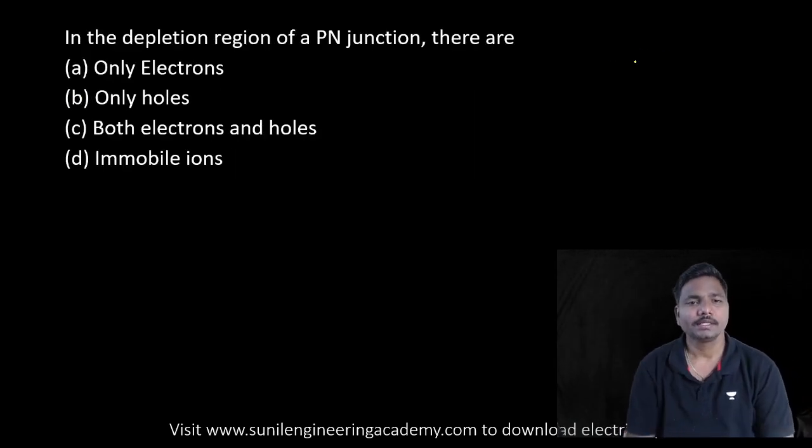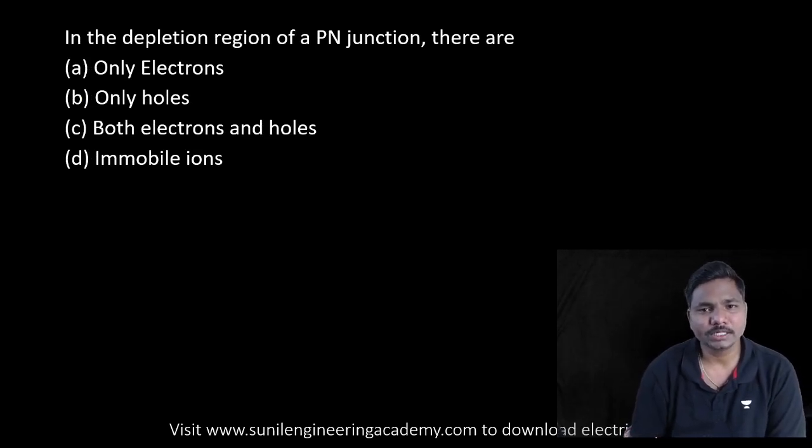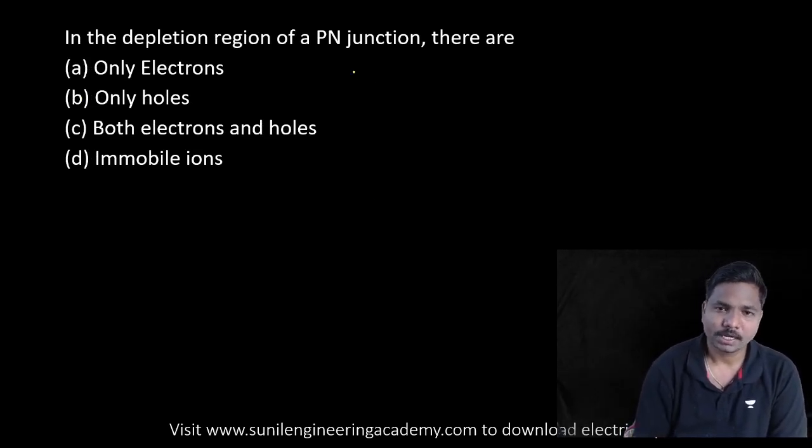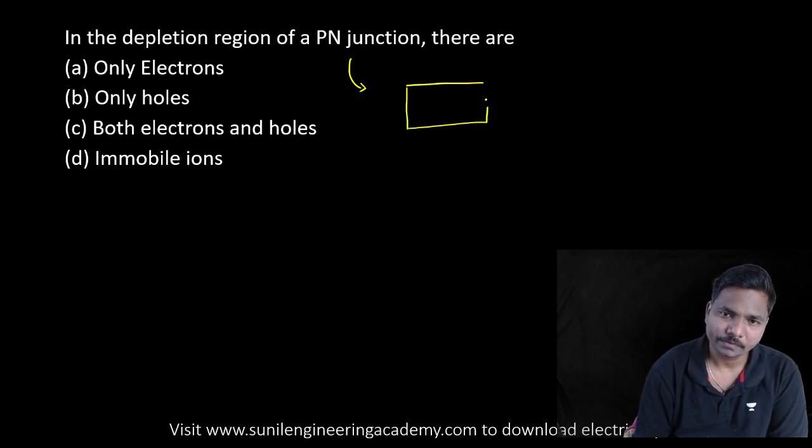The depletion region of a PN junction. What is this depletion region? Whenever the junction is formed, one side is doped with P type and one side is doped with N type.